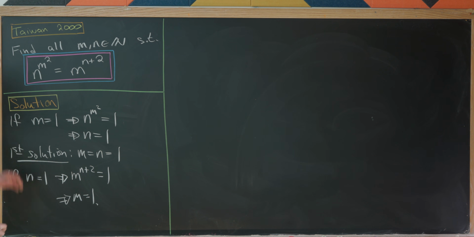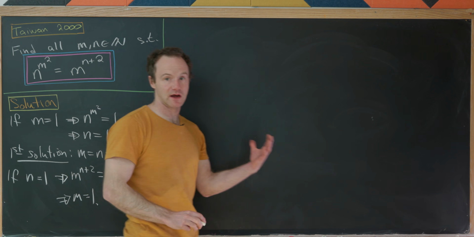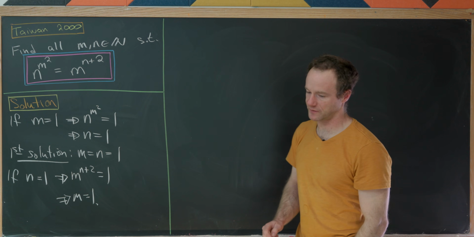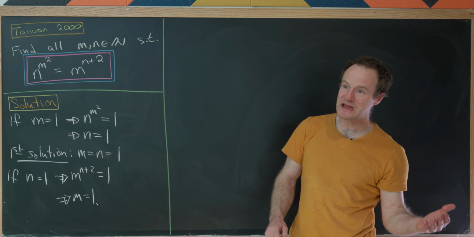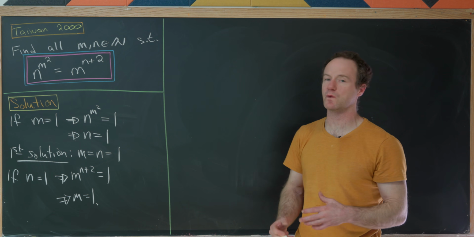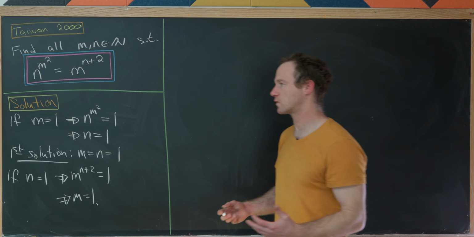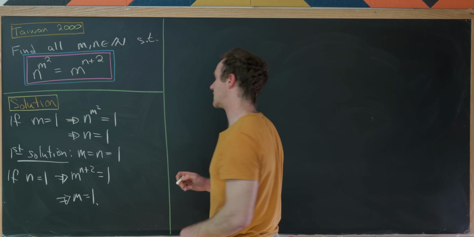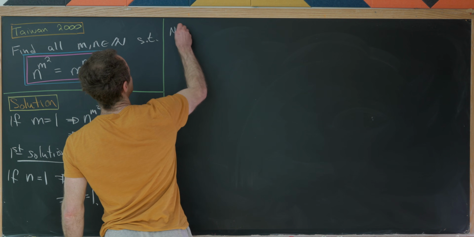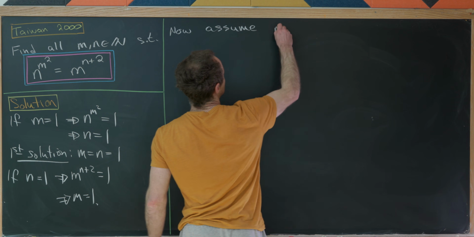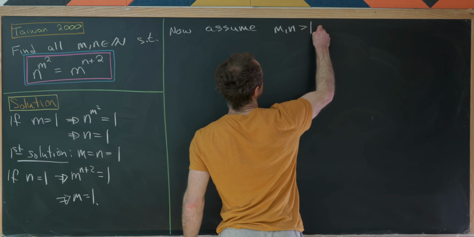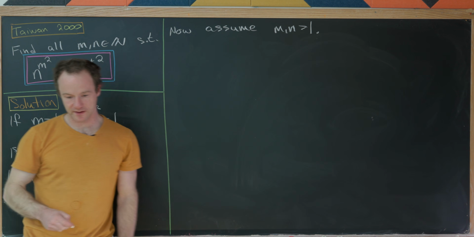So what this tells us is that if one of them is the number 1, then both of them are the number 1. So that really tells us that from here we should look at solutions where neither are 1. In other words, when they are both bigger than 1. So let's put that here. So now we assume that m and n are both strictly bigger than 1.